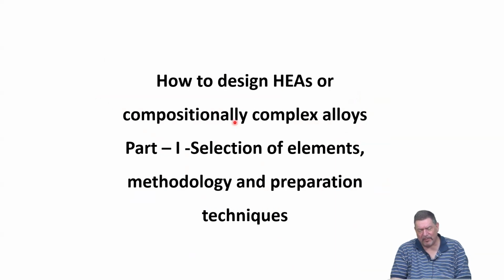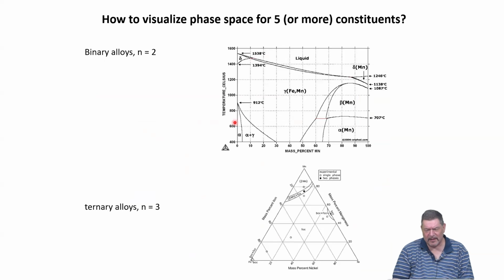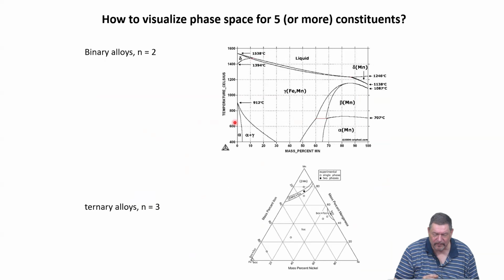Yeah, let's come now back to high entropy systems. Selection of elements, methodology, and preparation techniques. And first we have to worry about simple things, as always. This is a binary alloy phase diagram, and it shows you characteristic temperatures for phase transformations as a function of composition of the binary alloy.